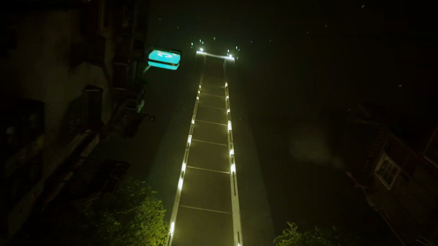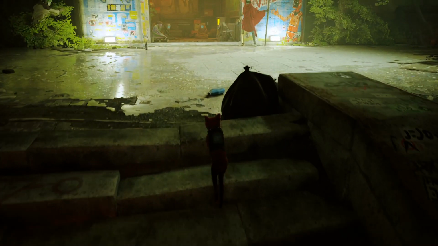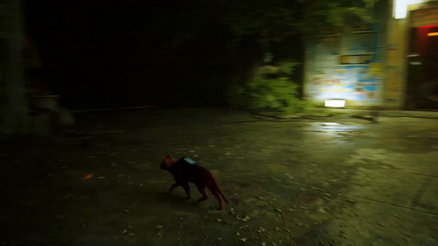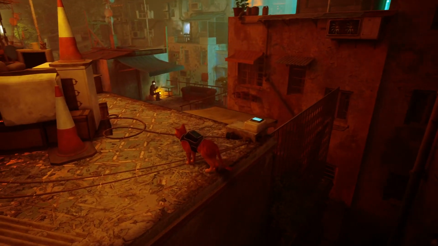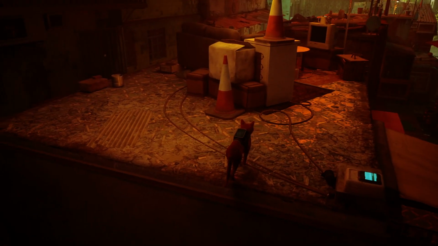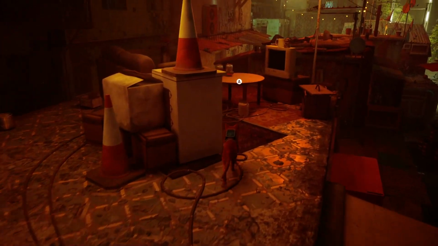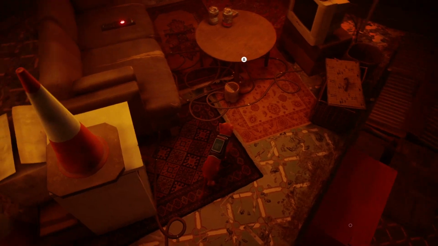I just have to get that working again. All right. Okay. Well, we found the traffic cones.